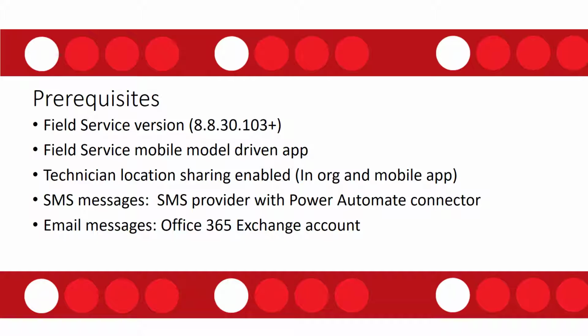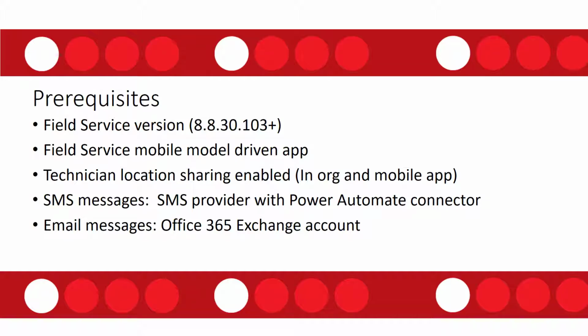So let's go over the prerequisites that I mentioned. First of all, obviously your organization needs to be on field service version 8.8.30.103 or higher. And then you have to make sure that technician location sharing is enabled in Dynamics 365 field service.